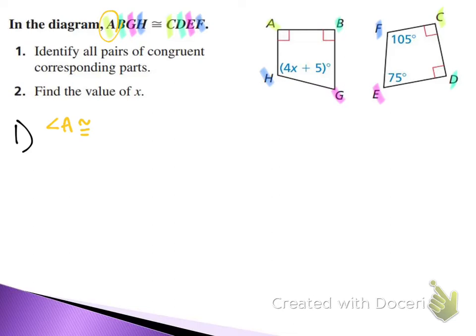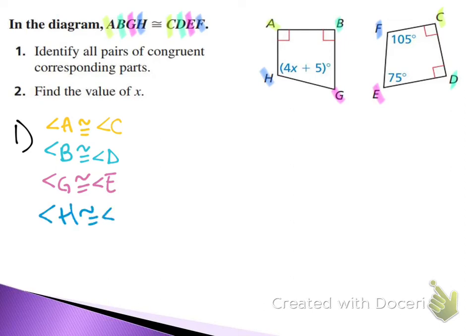Angle A is congruent to angle C. Angle B is congruent to angle D. Angle G and angle E. And then last, angle H and angle F.